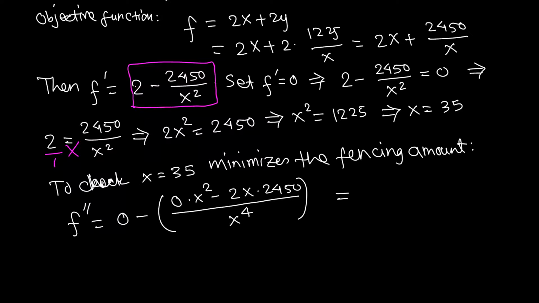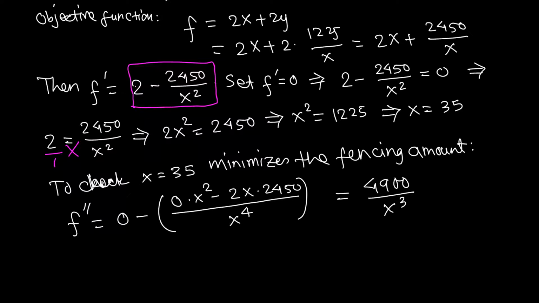So 0, negative, negative, positive, so it will be 4900x over x to the fourth, which is 4900 over x cubed. 2 times 2450 is 4900, and one x cancels from top and bottom. So this is the second derivative.